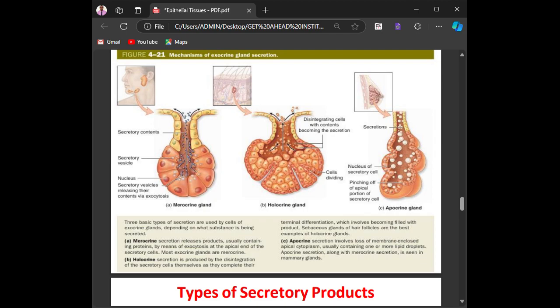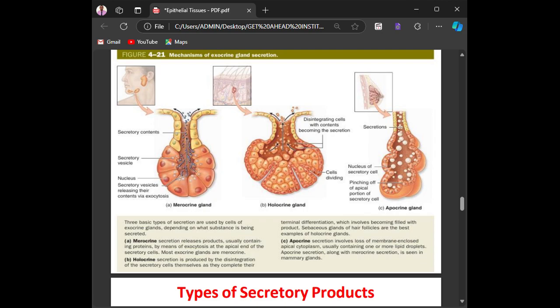The apocrine type of secretory mechanism is normally found in the mammary gland and the sweat glands of the axilla and rectal region.